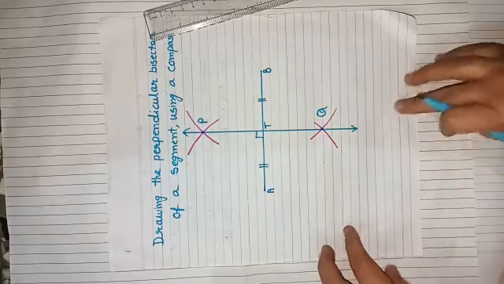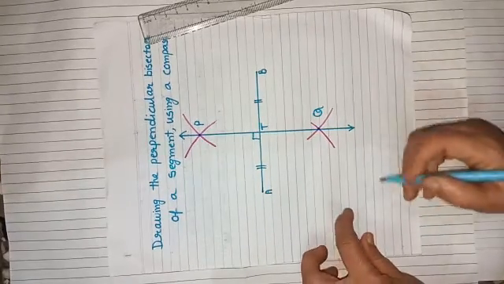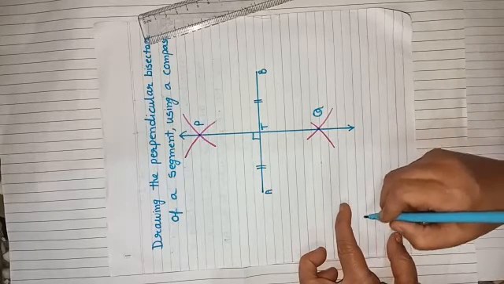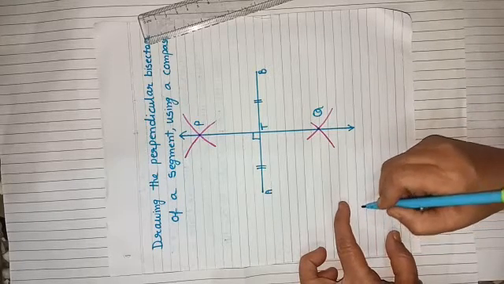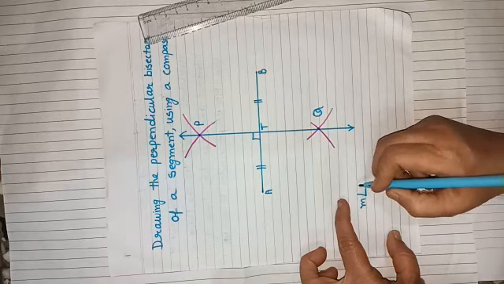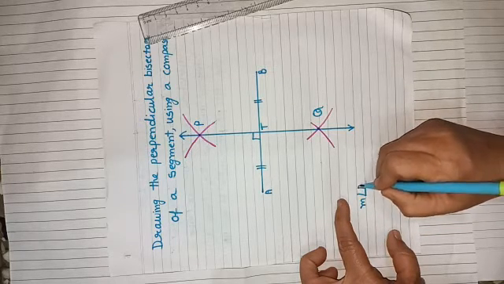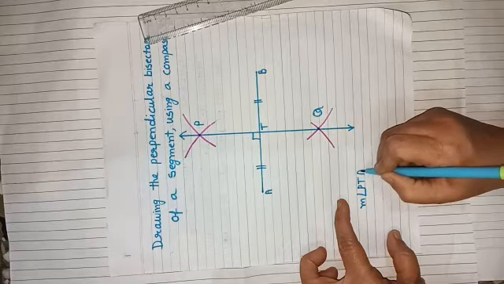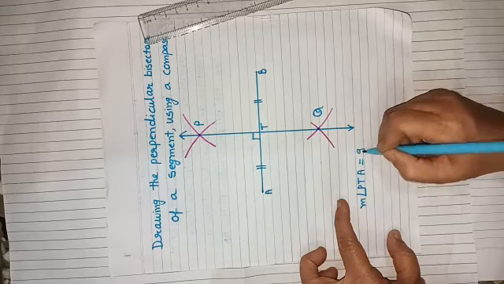After that, below the figure you have to write down: measure of angle PTA is equal to 90 degrees.